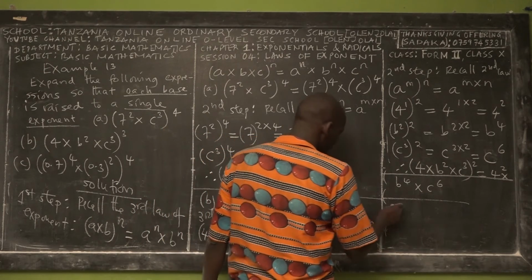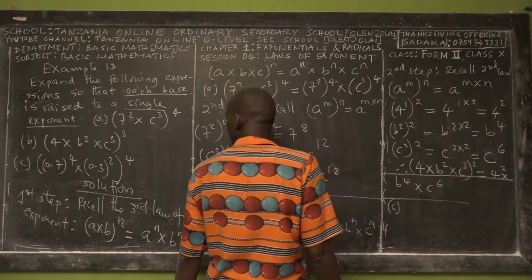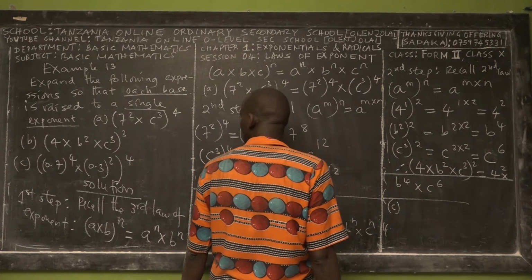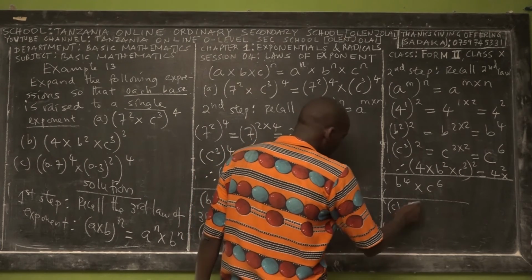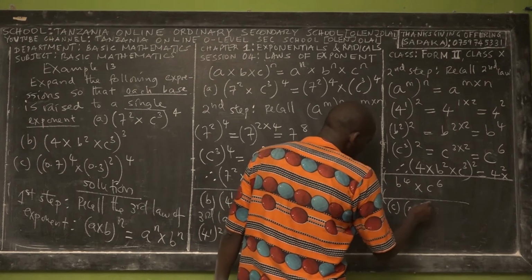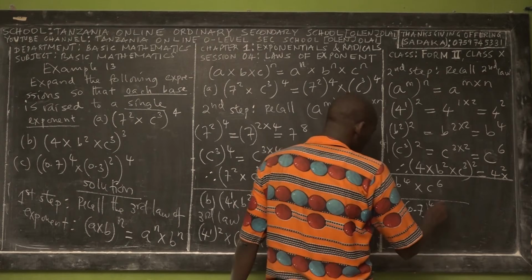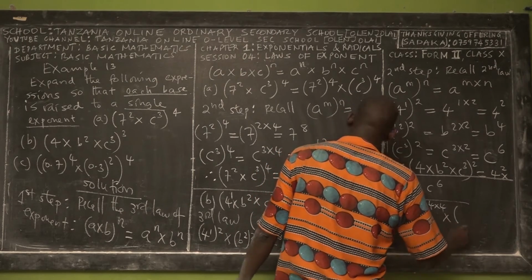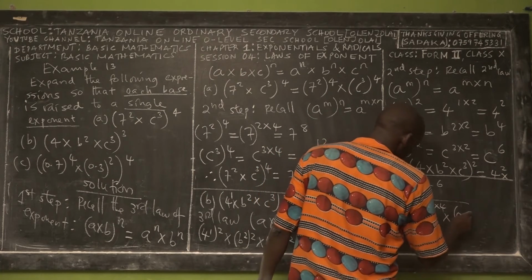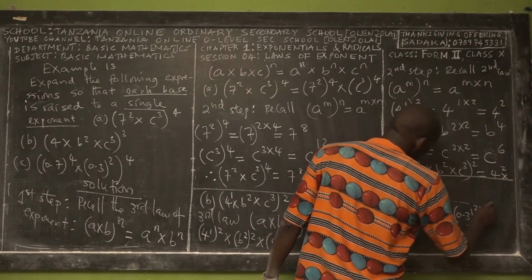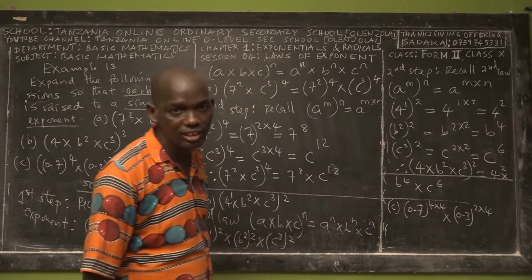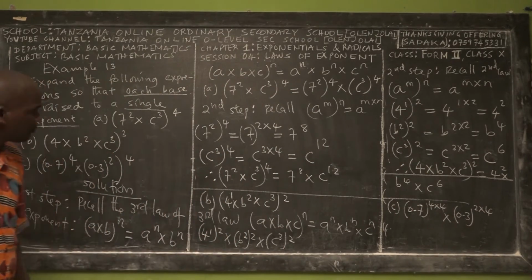Okay, for Roman C, can you go straight forward? We are going to have 0.7 power 4 times 4, then multiplied by 0.3 power 2 times 4. Do you understand? Yes.